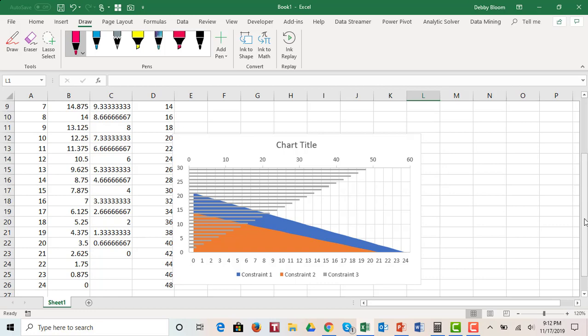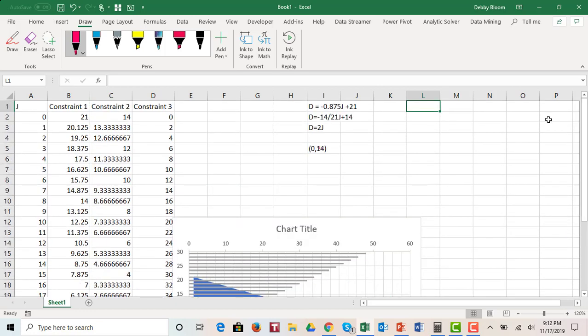So scrolling back up to the top to solve for our second point, we're going to set j plus 1.5d equals 21. Start again.